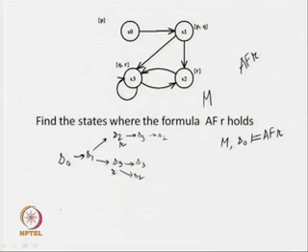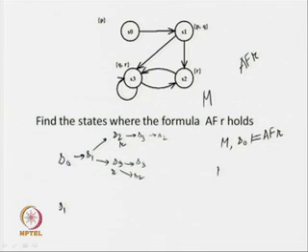Now, similarly, you look at the state S1. If you look into this state S1, you will find that it has two paths, and in the future state R is true. So in S3 R is true and in S2 also R is true. So in all possible paths in future we reach a state where R is true.